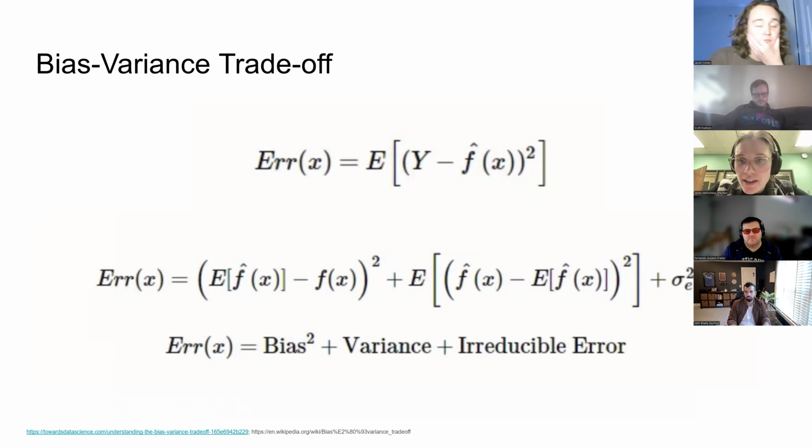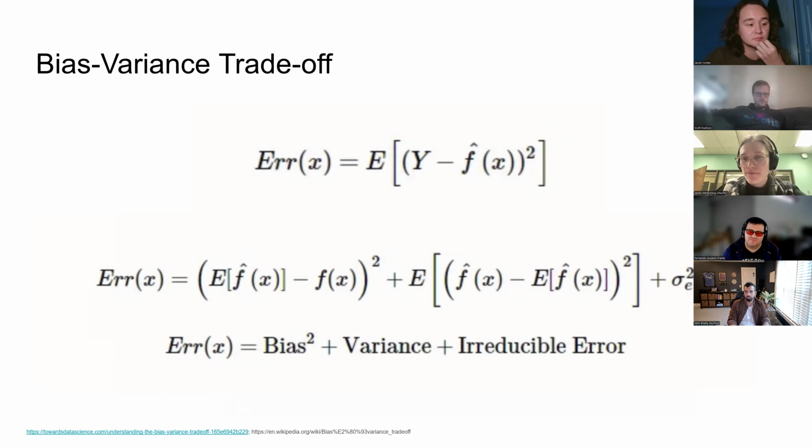And then the second term there is the variance. Once again, as Jacob mentioned, the variance is how much our estimates of the parameters differ across training data sets. So for the current training data set, we have our estimated parameter value denoted by f hat of x, and then we subtract the expected value of f hat of x, which is the average or expected value of the estimated parameters across all of our different training samples.